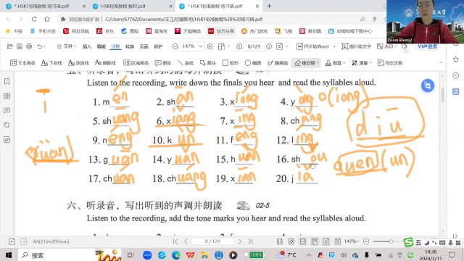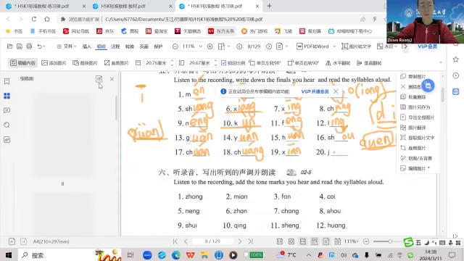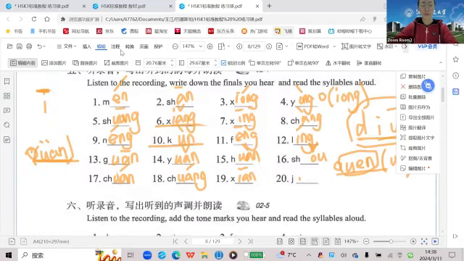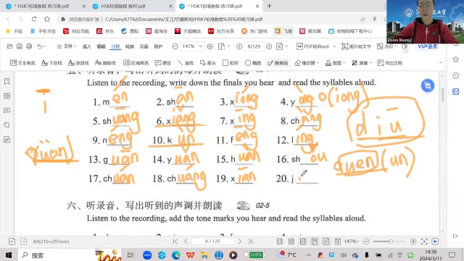Okay, so number 20. So the final is iu. The original final is iou.